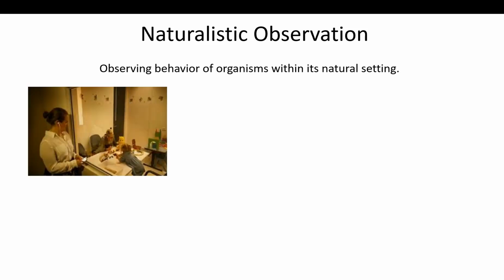Moving on to a naturalistic observation. This includes observing behavior of organisms in its natural setting. This type of research involves the researcher being unobtrusive and unseen in order to not influence any natural behavior.